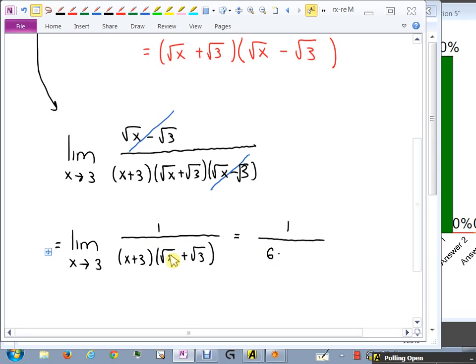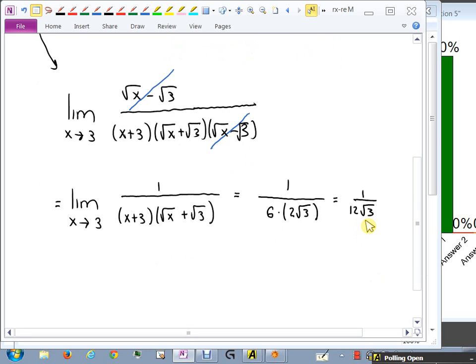times, what is in this parentheses? Root 3, right? Because this x is being replaced with 3. Root 3 plus root 3 is 2 root 3s. So this is really just 1 over 12 root 3, which we could rationalize the denominator.